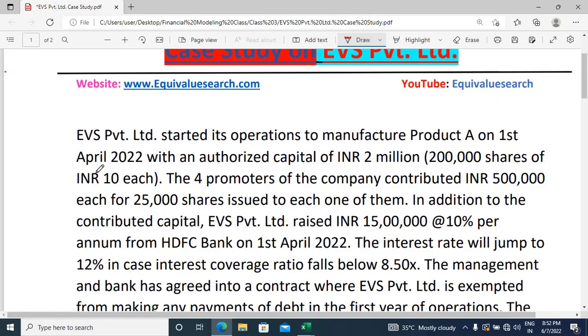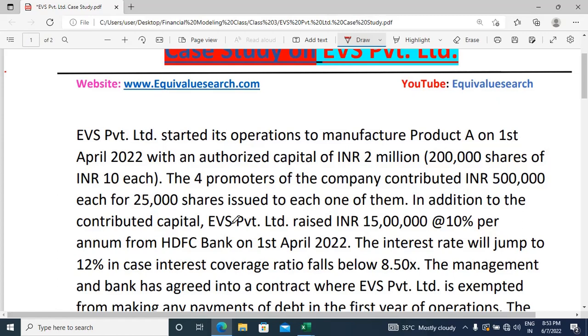Because this is going to be treated as the securities premium. Okay. The 4 promoters of the company contributed 5 lakh rupees each for 25,000 shares issued to each one of them, that is each one of the promoters. In addition to the contributed capital of 5 lakhs each, that means totaling 20 lakh.